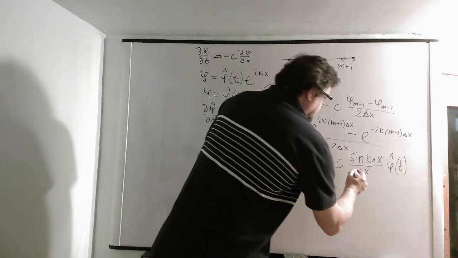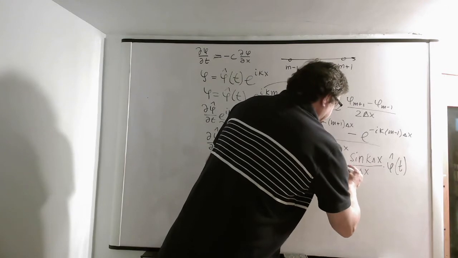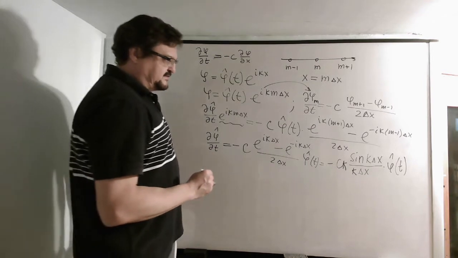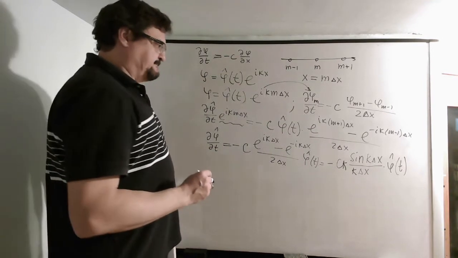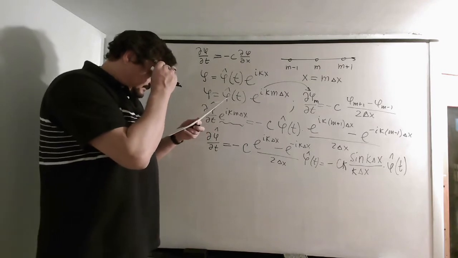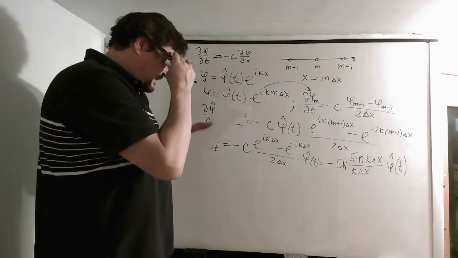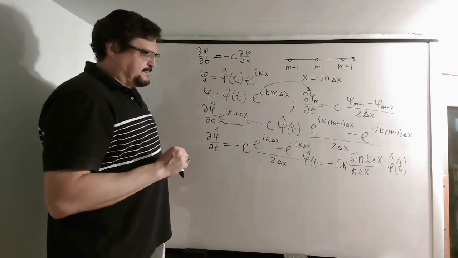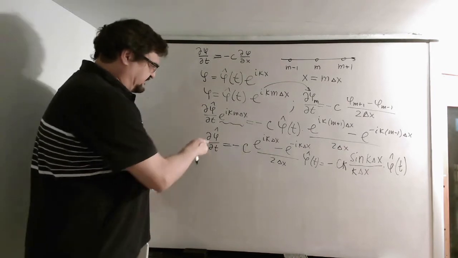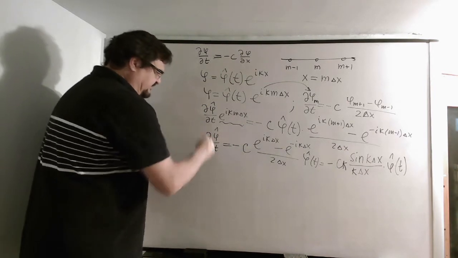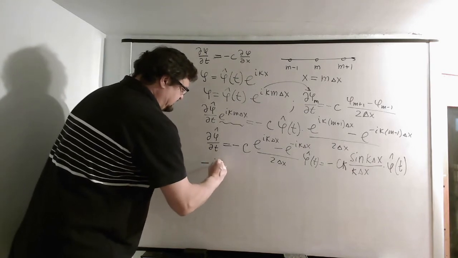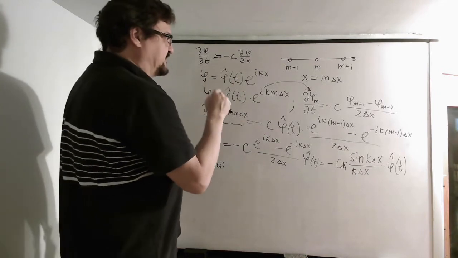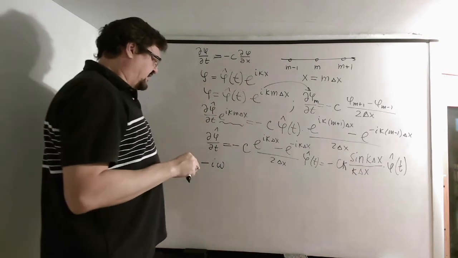So here let's multiply by k here and by k here, and so that now we have this derivative equals minus I omega, because our amplitude is e to the power of minus I omega t.